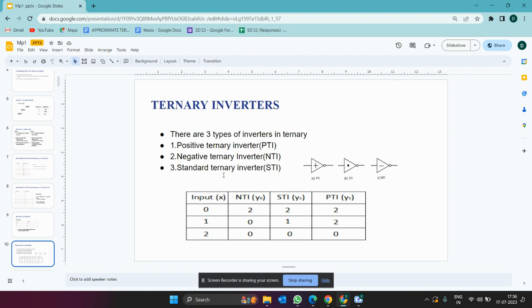Here we can replace the ternary values with the respective usages, like we can convert 0 1 2 to 2 0 0 in NTI, 2 1 0 in STI, and 2 2 0 in PTI.